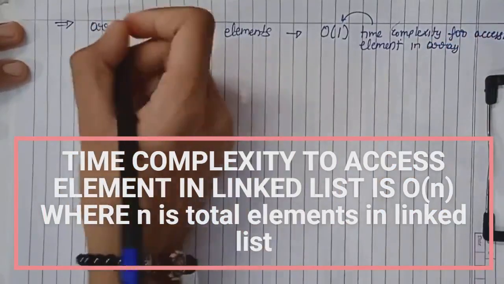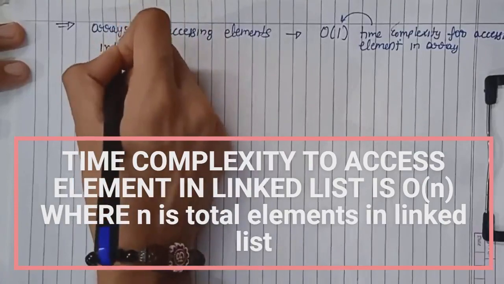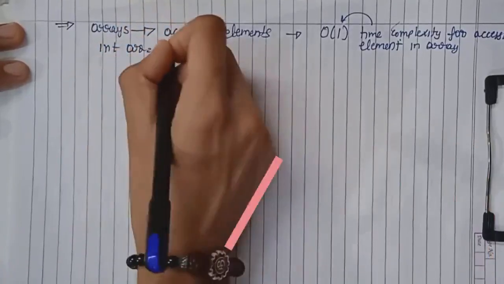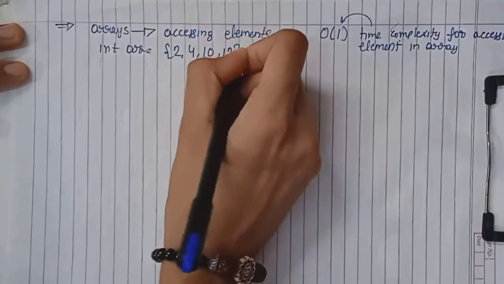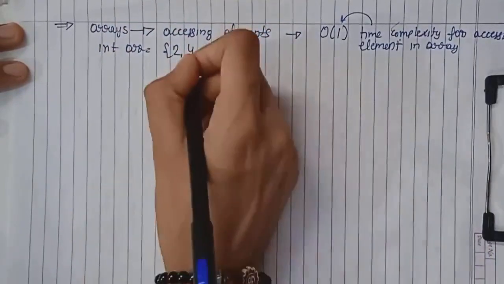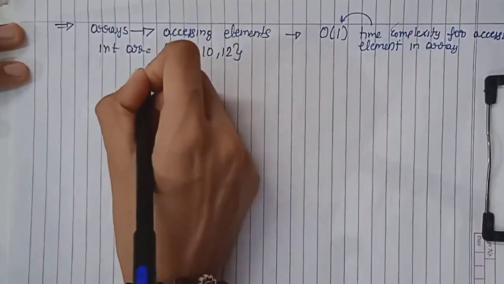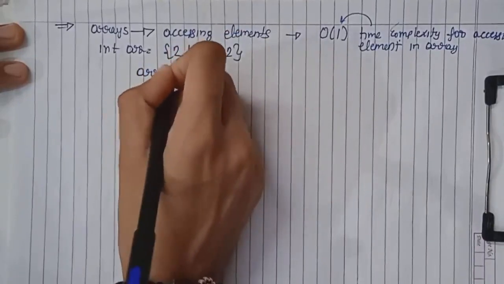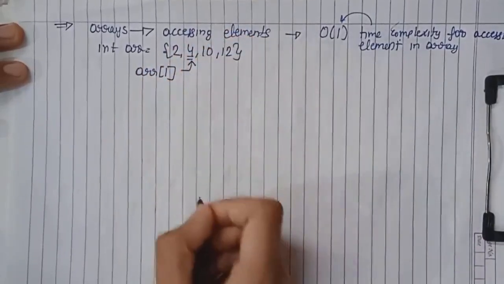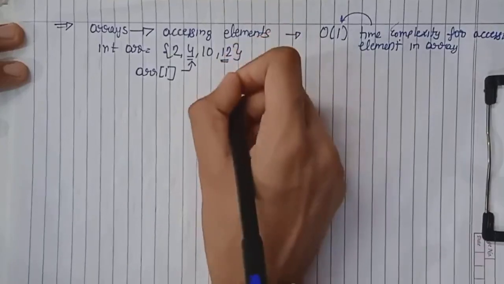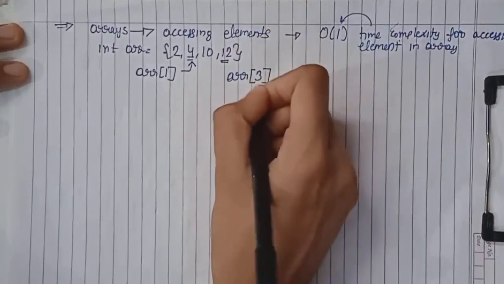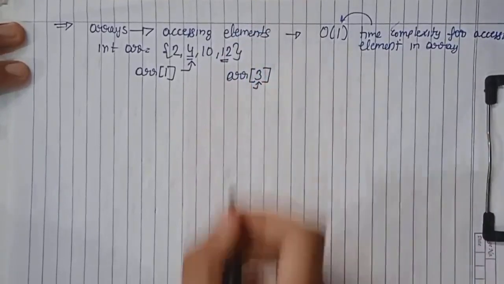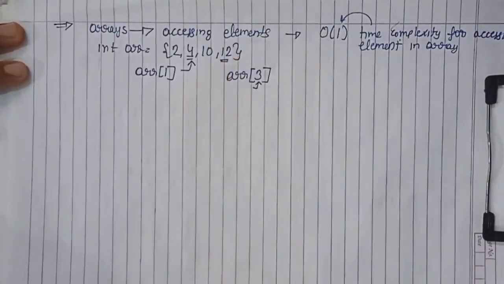So if you recall, if you have an array like 2, 4, 10, 12, and you want to access the element 4, you can simply write array of 1 and you can access this 4. And if you want to access the element 12, you can simply write array and mention the index 3, and you can access this element 12.